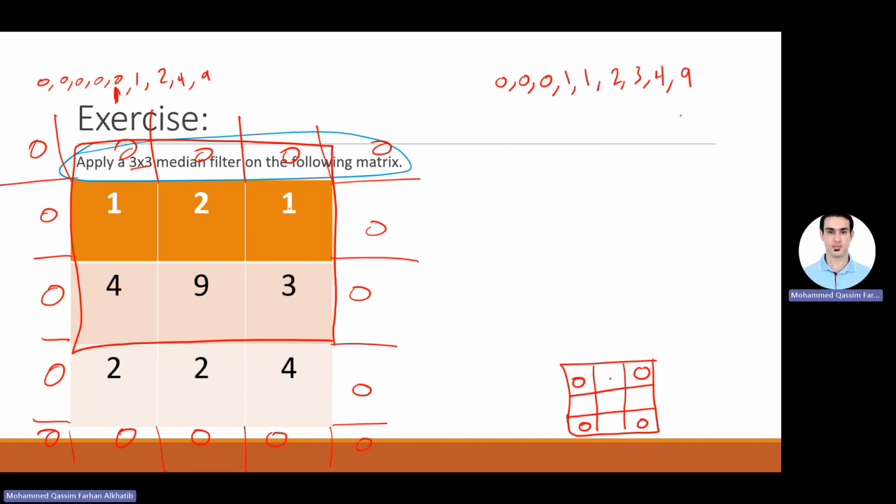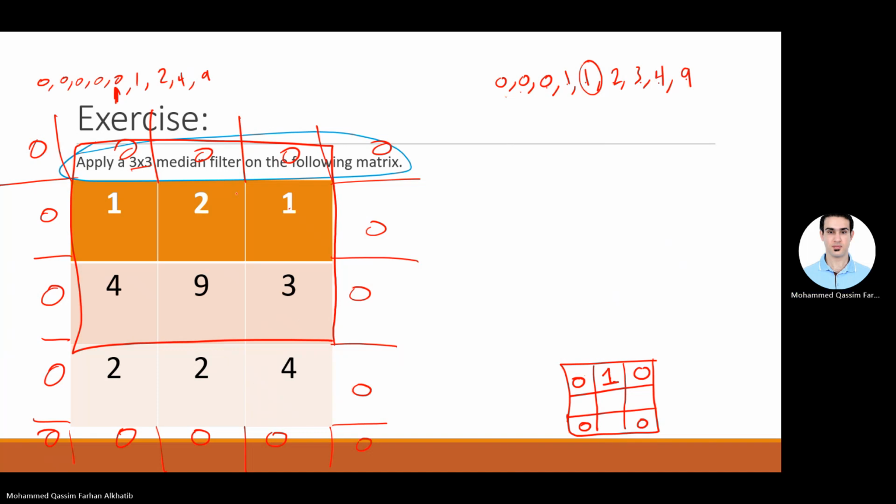Make sure the length is 9. So 1, 2, 3, 4, 5, 6, 7, 8, 9. When you do the sorting, the value in between will be 1. So the value is 1 here. Clear? Again, I'm taking the upper half of this square.